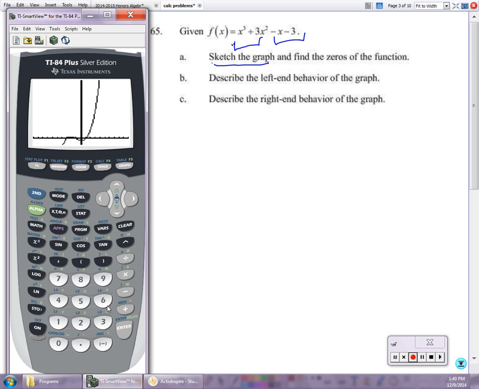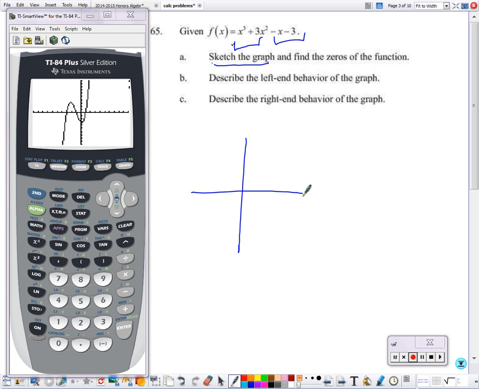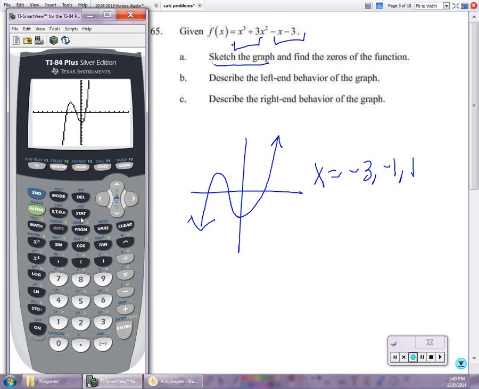I'm going to get a normal window. Okay, so there's our graph. The x-intercepts are -1, -3, and +1. I can see that they go through the x-axis at an integer.